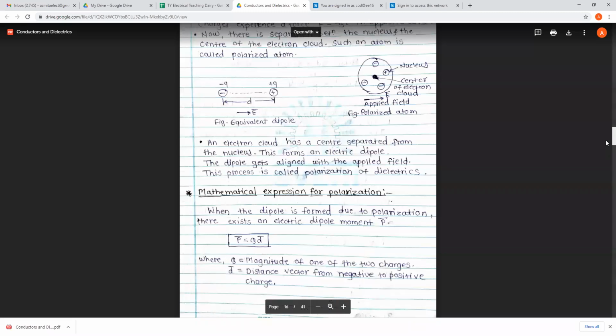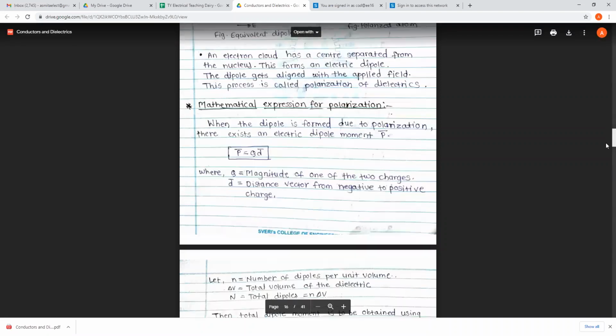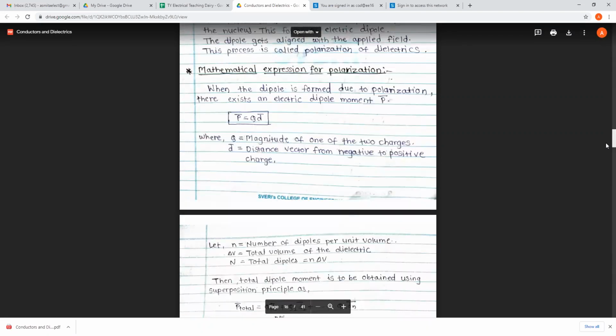If you don't remember, at least from this equation, can you tell me the unit? Coulomb meter. Correct, coulomb meter.